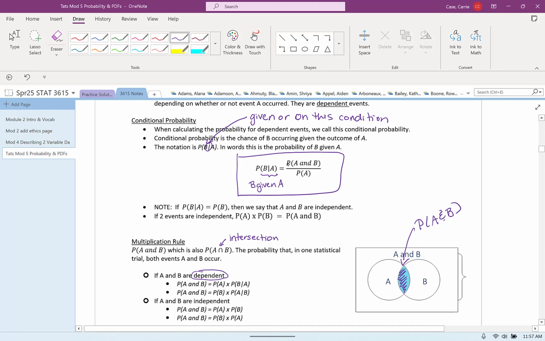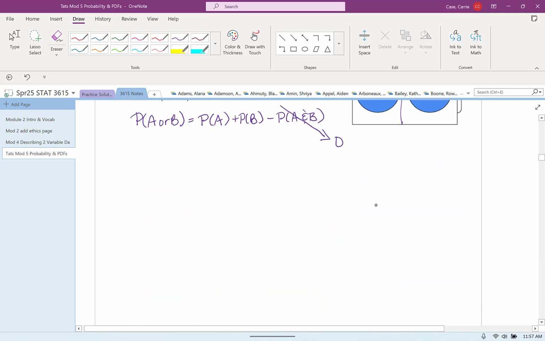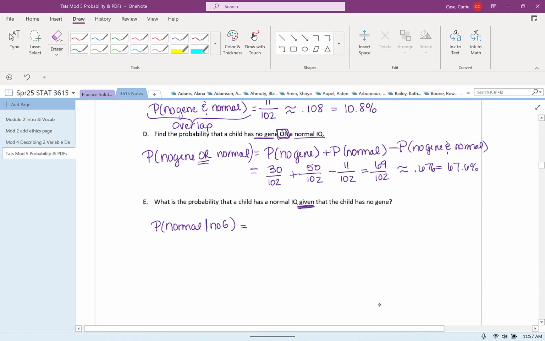Probability of B given A is the probability of A and B divided by whatever was given. So it's the condition, it's the second thing that occurs. And so in our case, we have the probability of normal and no gene divided by whatever happens second has to be in the denominator here. So it's the probability of no gene.